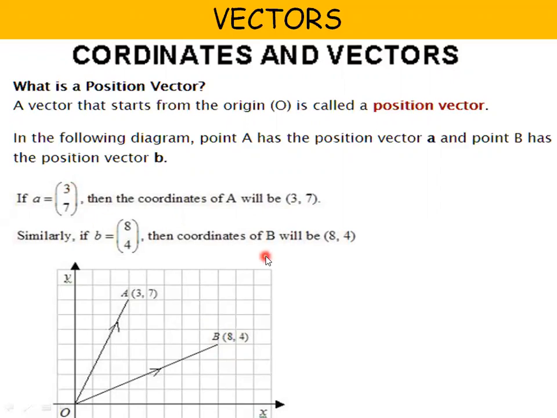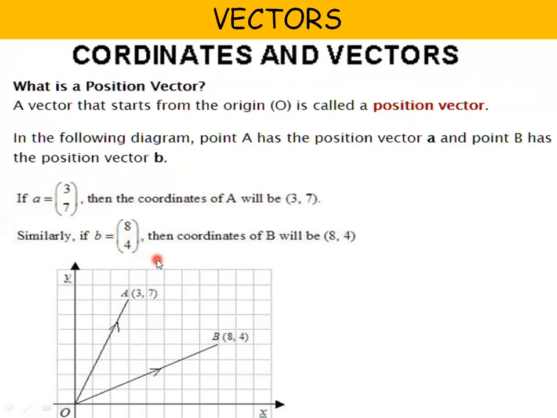If I have a coordinate point B on the Cartesian plane as 8, 4, then the position vector of the point B, which will be read as vector OB, will be represented in this column vector form as 8, 4.